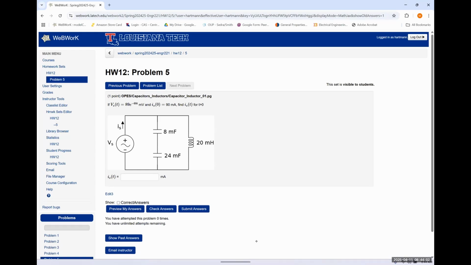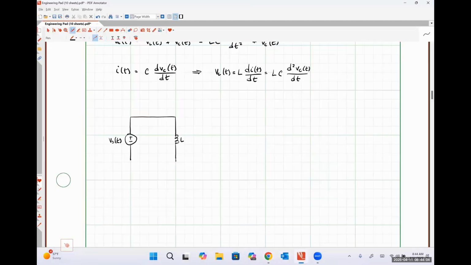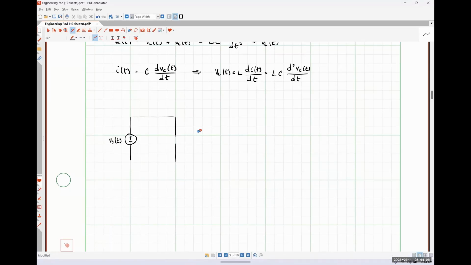I'll just draw it the same way though. So some equivalent capacitance, excuse me, C. And then over here on the right, I have some inductance L. And my ultimate goal in this particular circuit is to find this source current Is of t.